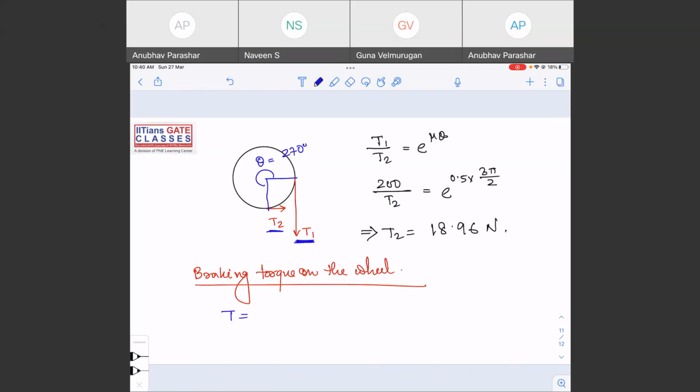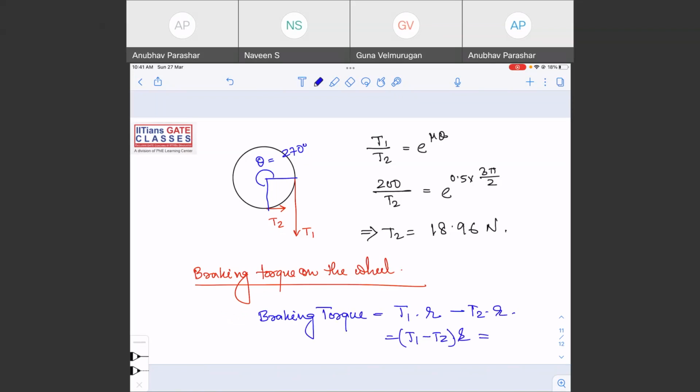So I can write braking torque as T1 into R minus T2 into R, that is equal to T1 minus T2, into R.